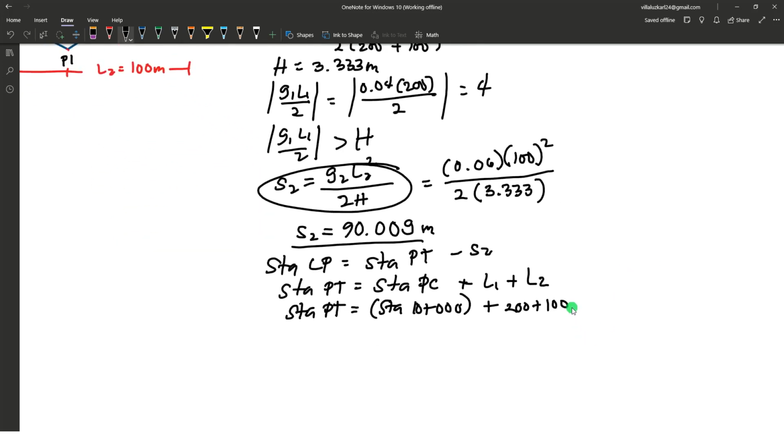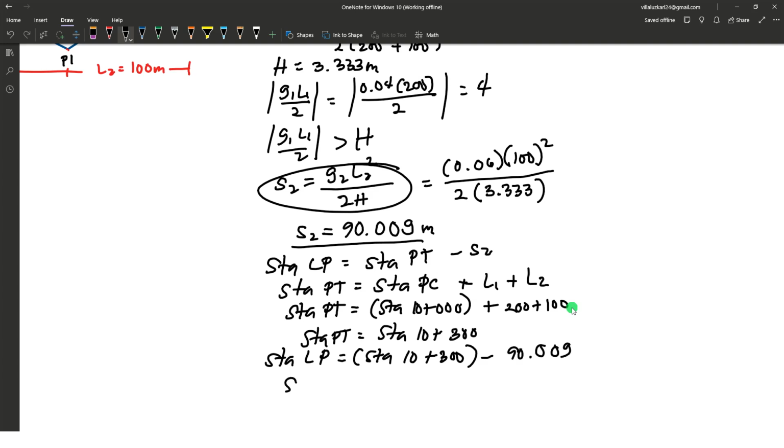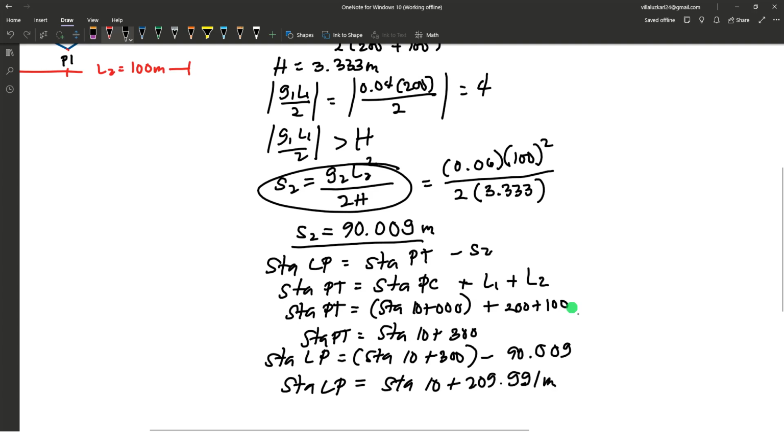So we have station 10 plus 300 for the stationing of PT. We can locate the stationing of the lowest point by substituting the stationing of PT and subtracting S2, which is 90.009. So the stationing of the lowest point is station 10 plus 209.991 meters. That's your answer on the stationing of the lowest point.